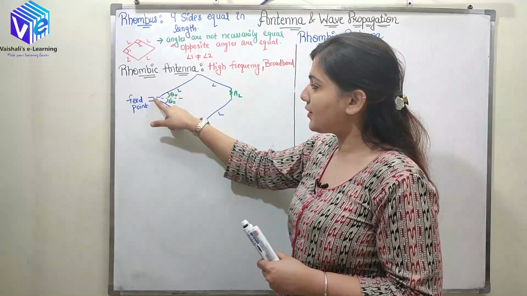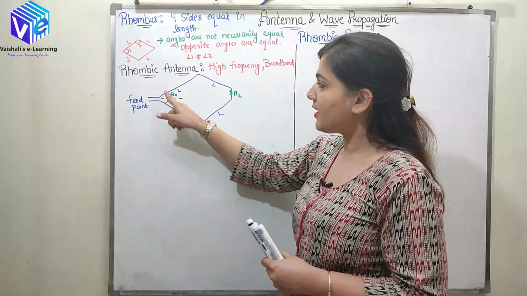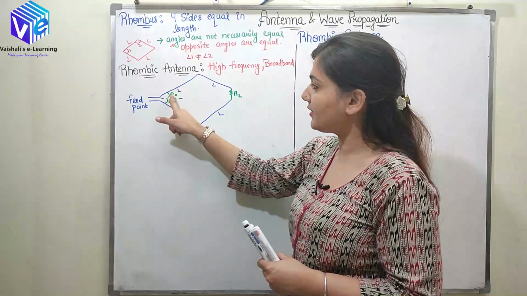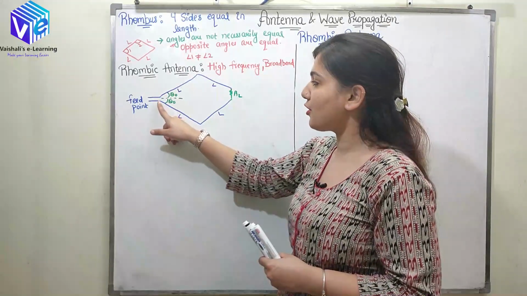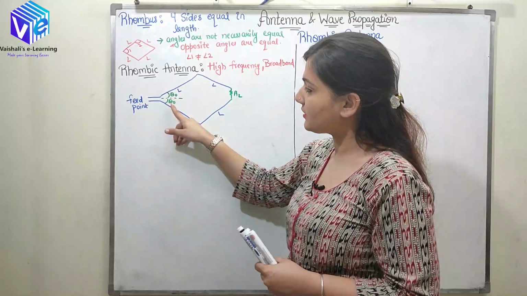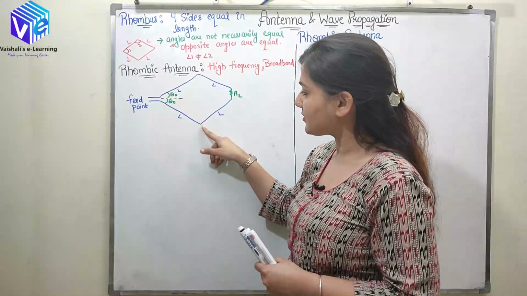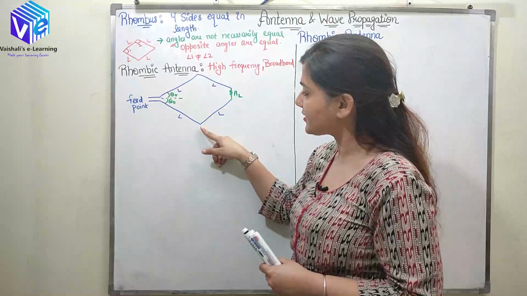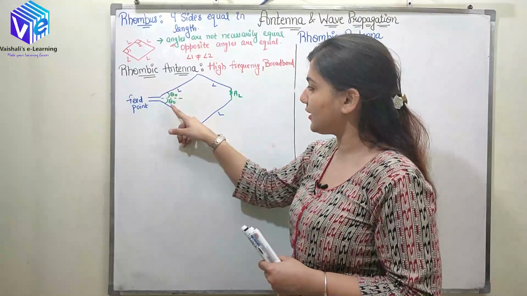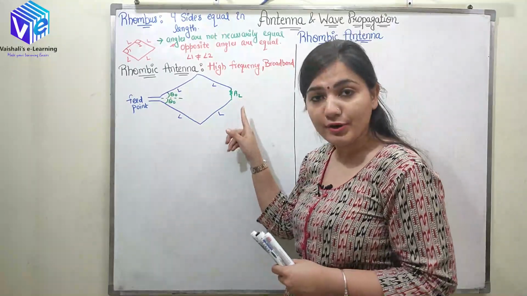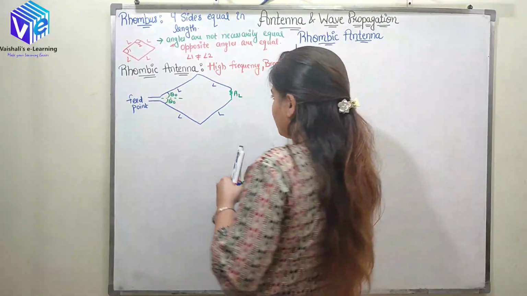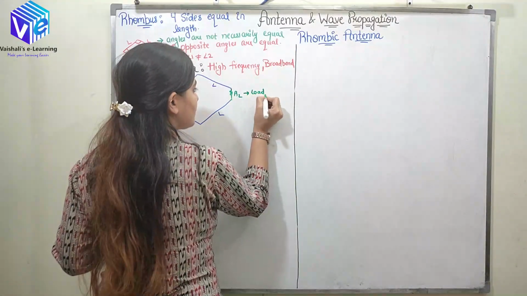This part of the transmitting cable is tilted with an angle theta naught, and the lower part of the transmitting cable is also tilted with the angle theta naught, and again this is tilted with some angle which is not equal to theta naught. Now at the end there is a load resistance as well.